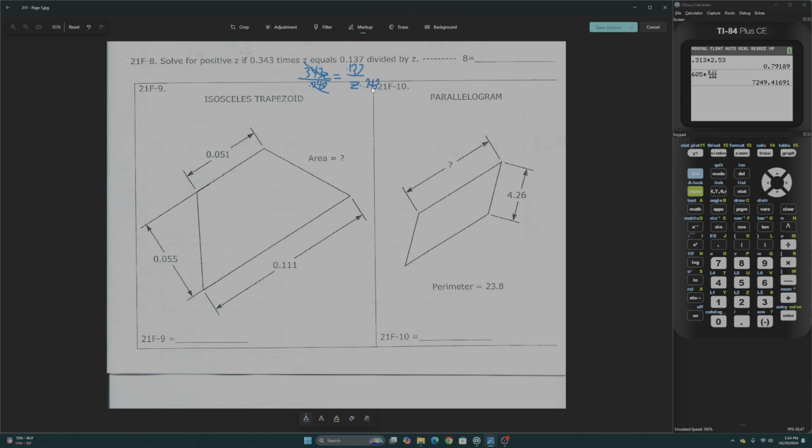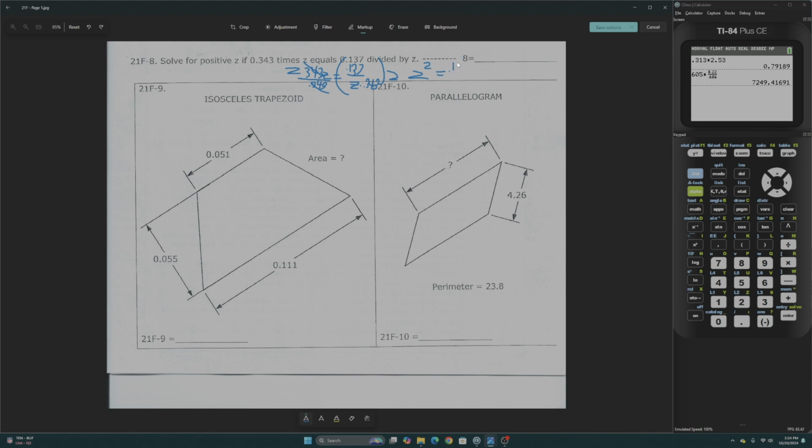So you have z now equal to 0.137 over 0.343 times z, right? So now we have to isolate, which means we're gonna multiply each side by z, right? So now we're gonna have z squared. Z squared equals 0.137.